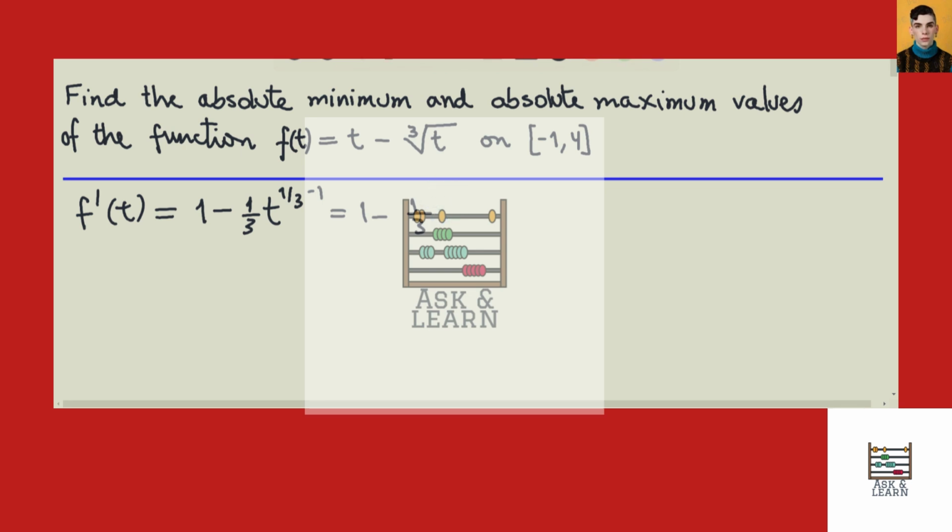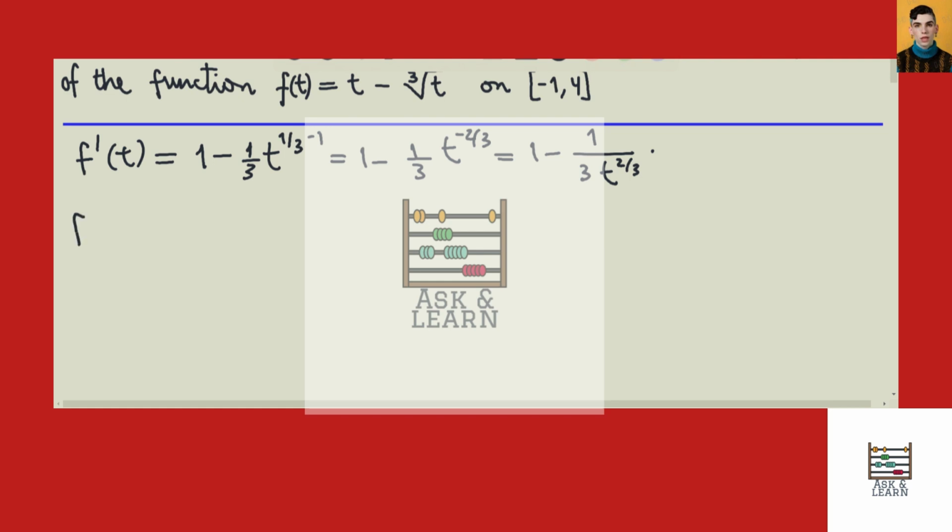That's equal to 1 minus 1 over 3 times t to the 2/3, and that's the expression for the first derivative of f, and this derivative at 0 does not exist. It's not defined there.